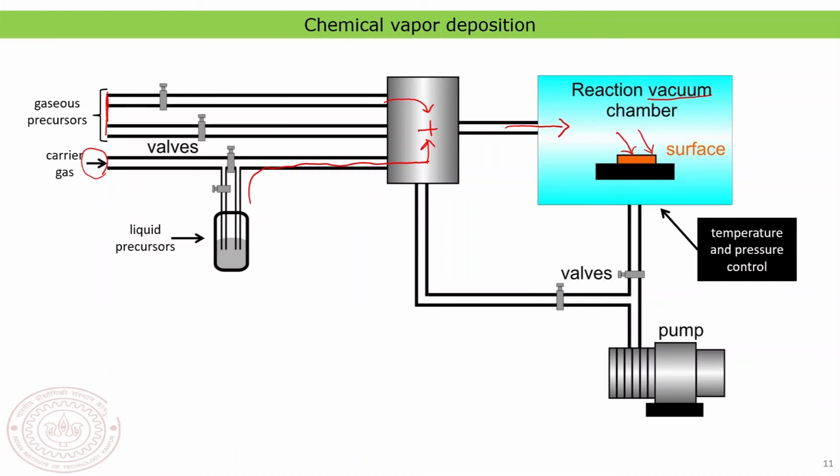And of course you have to have a good control of the temperature and the pressure of the reaction chamber, which is quite crucial for controlling the quality of the epitaxial films that you make. By controlling the temperature and the pressure of the reaction chamber, you can basically form nice epitaxial layers on the surface. And this is a very generic scheme, and of course, as I told you, you can have a variety of designs for the chemical vapor deposition.